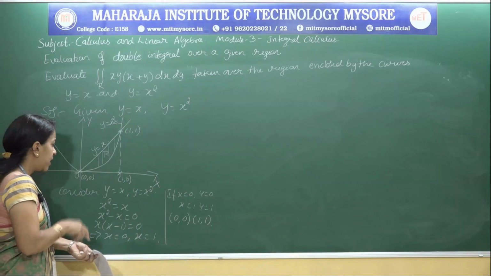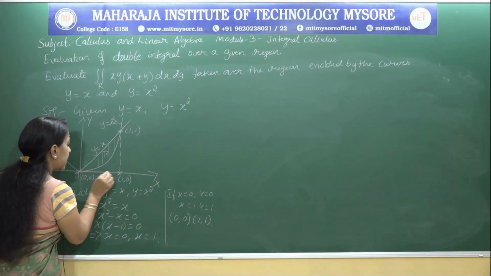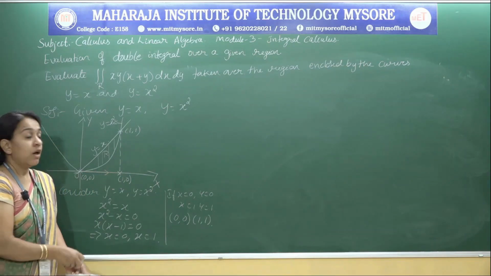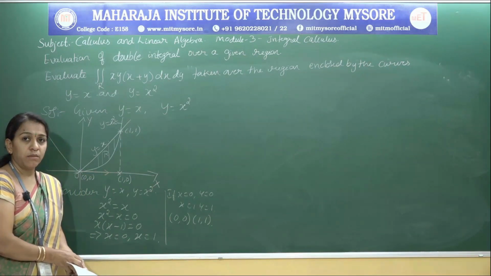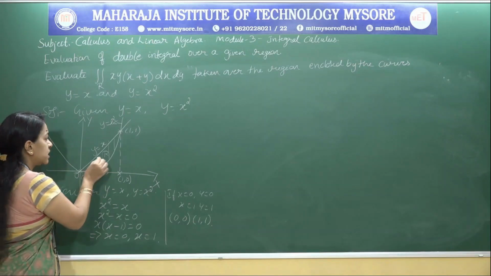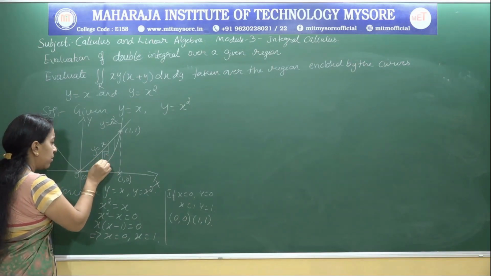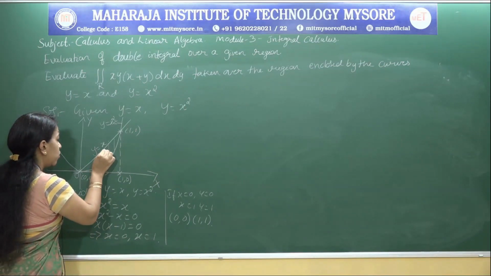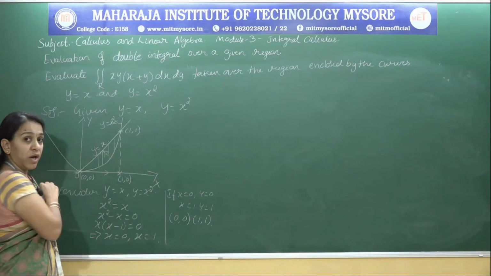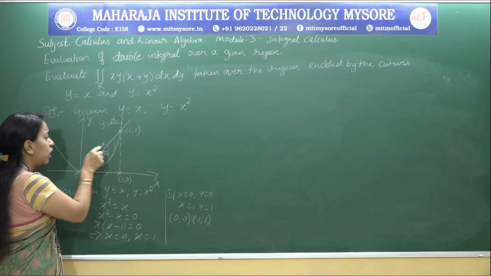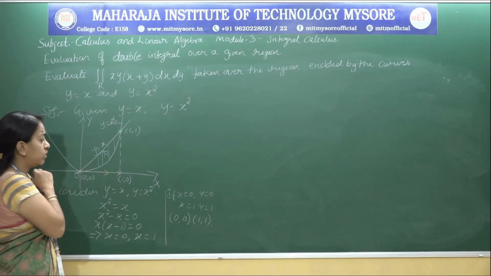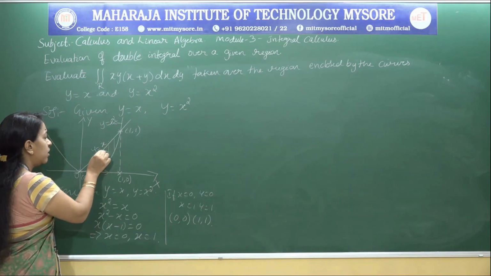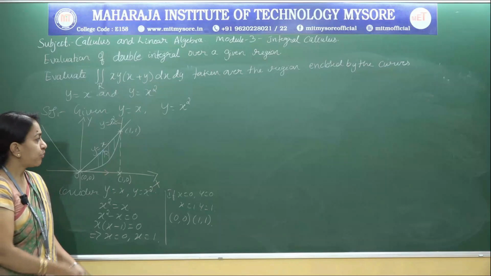As we know, our x always varies on the x axis. So x varies from 0 to 1. And where should we consider the y limit? Yes, we must consider the y limit in a bounded region, and of course it is a line parallel to the y axis. So y varies from the parabola to the given line, y equal to x.